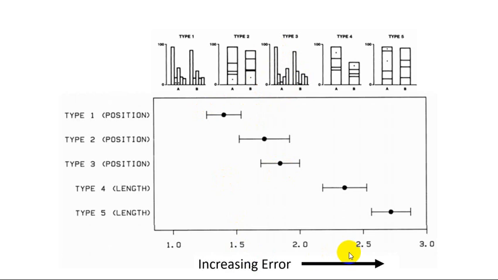So this is increasing error on the x-axis. The biggest jump in error is when we lose the consistent baseline and shift to having to read lengths and areas instead of position along the common scale. So when we're forced to compare these two areas or the lengths of the sides, that's where we get this big jump in error. I was actually kind of surprised that there was this big of a jump in the error just by putting a space in between these.